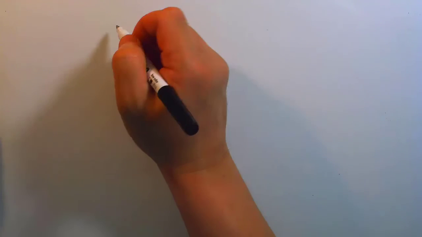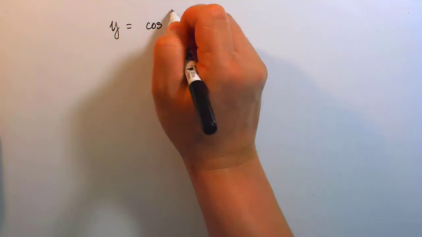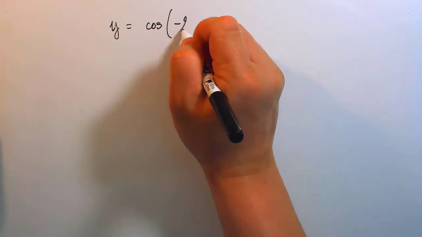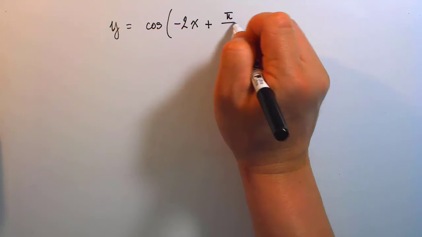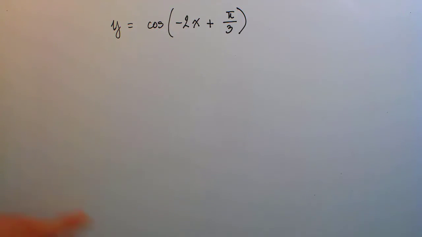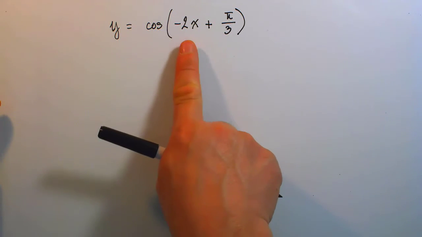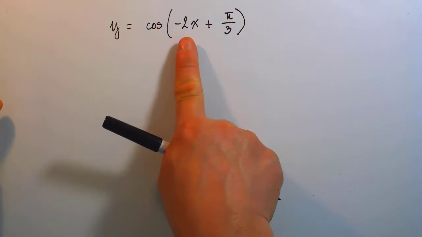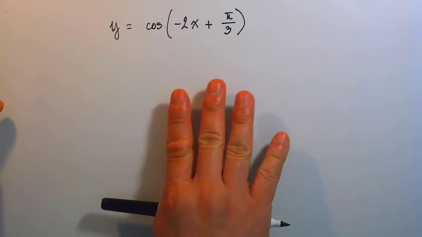So now allow me to bring up one example. Let's look at y equals cosine of negative 2x plus pi over 3. I'm trying to go with a coefficient and adding term that's as crazy as it could be, so that everybody who views this video is going to have a generality of how to get it done.